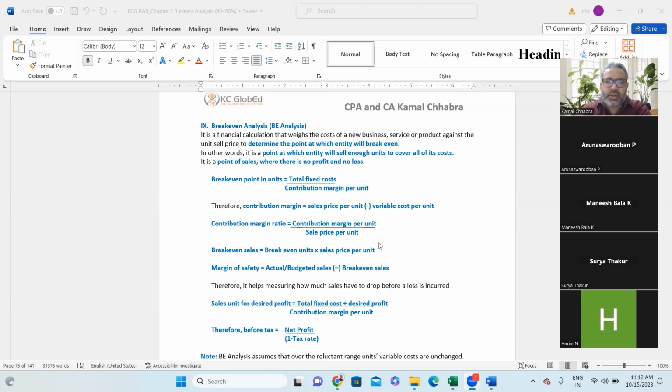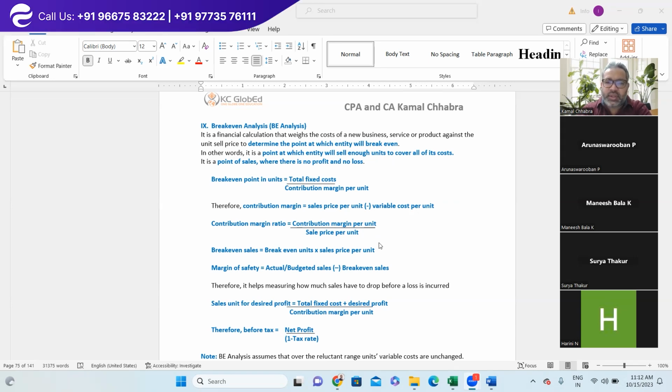It's a financial calculation that weighs the cost of a new business, service or product against the unit selling price, to determine the point at which the entity will break even. In simple words, it is the point at which the entity will sell the units to cover all its cost.